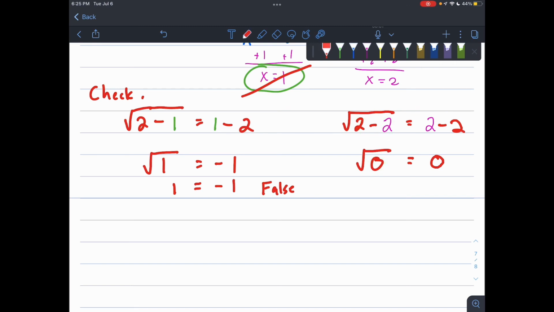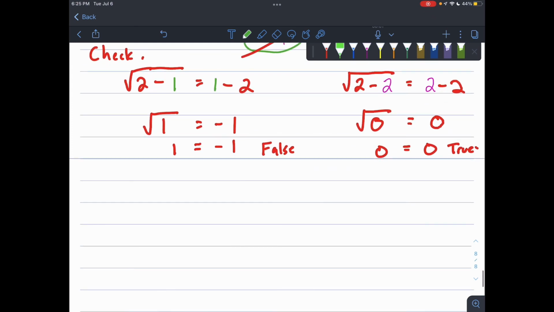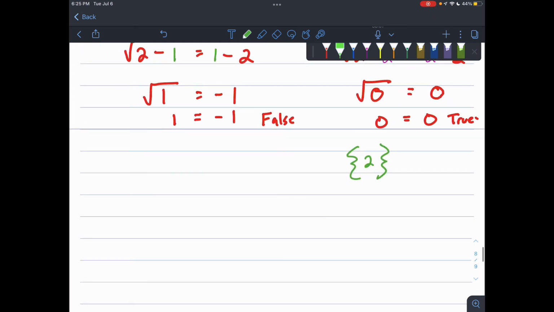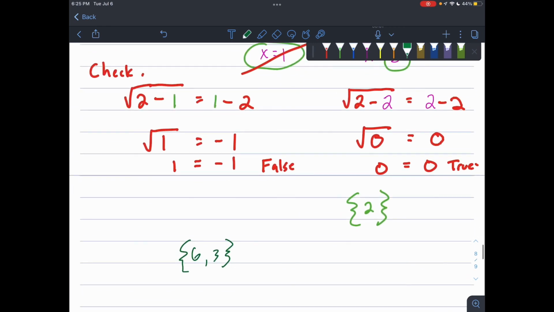Square root of 0 is 0. So we end up with 0 equals 0. That's true. 0 is equal to 0. So that means that we can go ahead and put in 2 in our answer. And keep in mind that you're going to put it in like this. If you've got multiple answers, you know, if you had 6 and 3, you might go ahead and enter them in like that. If you had 2 answers, here we just have 1.